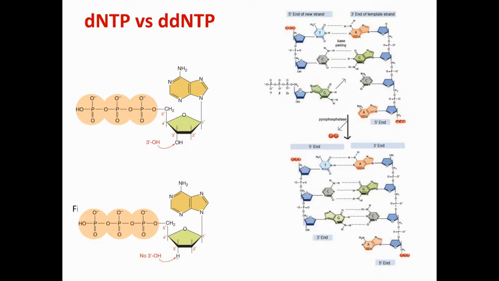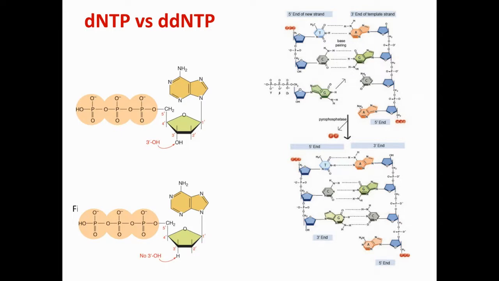So the impact would be, if you use a dideoxynucleotide, that during the DNA synthesis, if you incorporate this dideoxynucleotide, then the synthesis will stop. It will no longer continue, right? On the right side, this is just a review of the DNA synthesis.